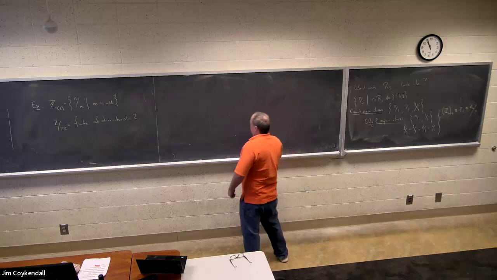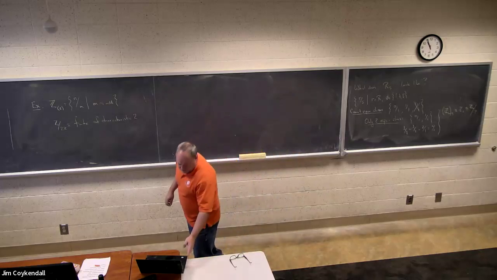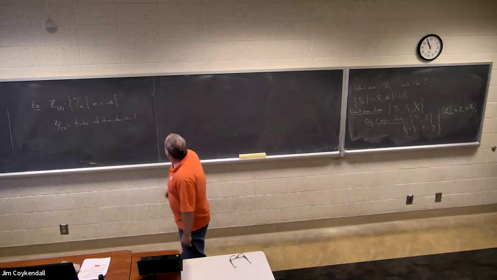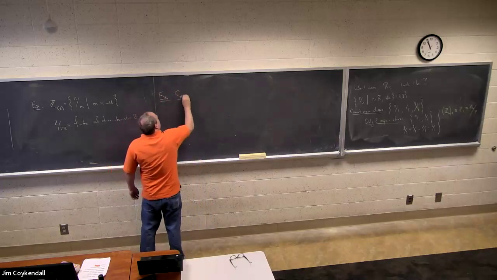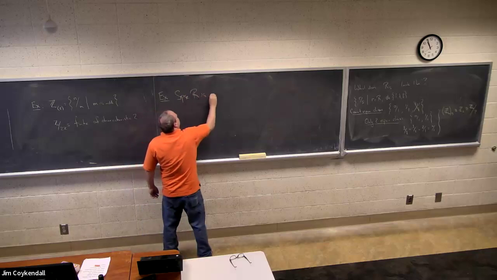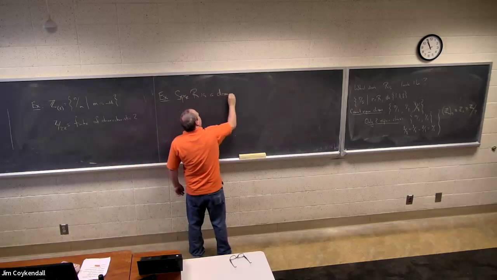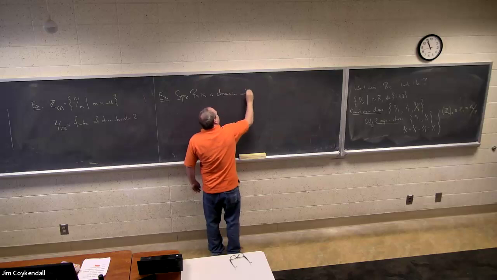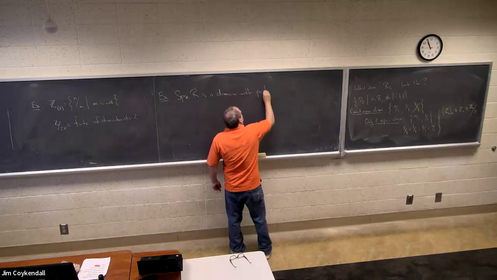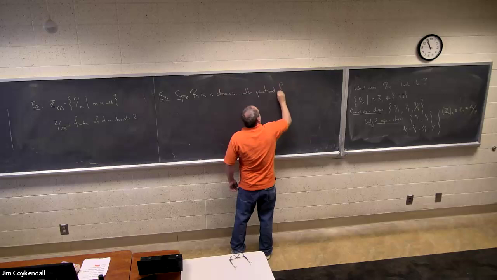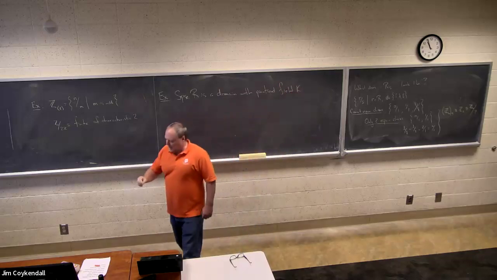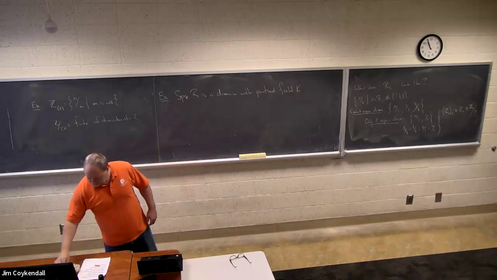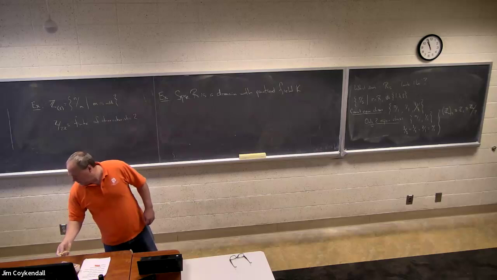Let me give you another quick example here. Suppose R is a domain with quotient field K. And remember, the quotient field is just all possible fractions, so you're allowing all denominators except for 0.